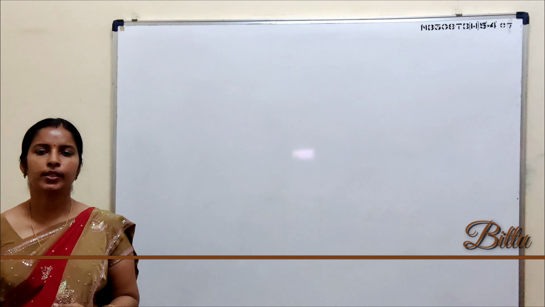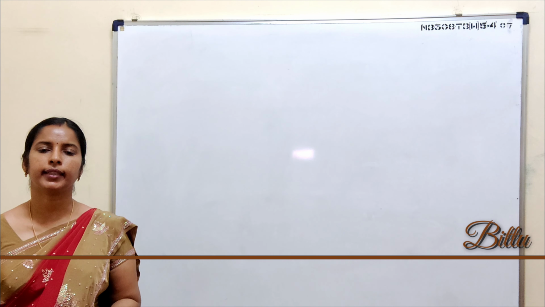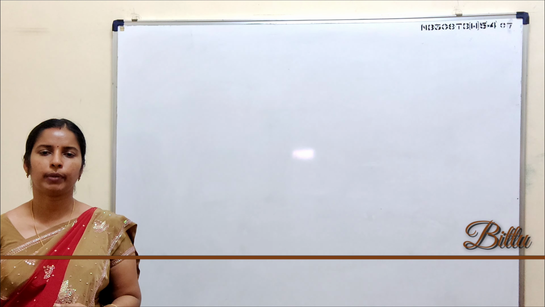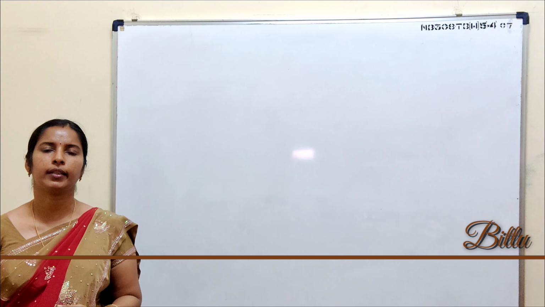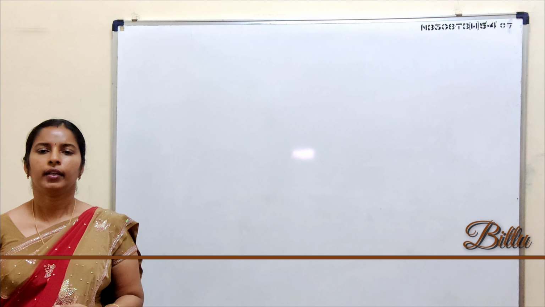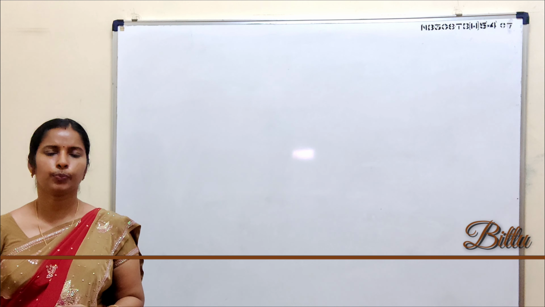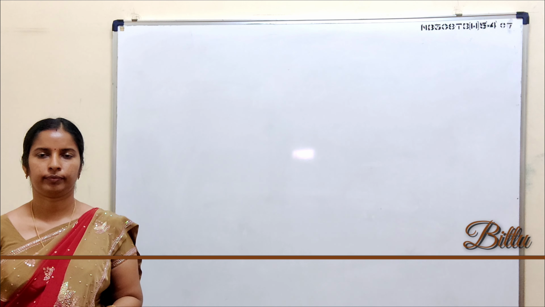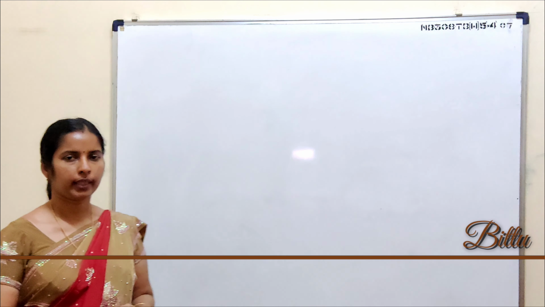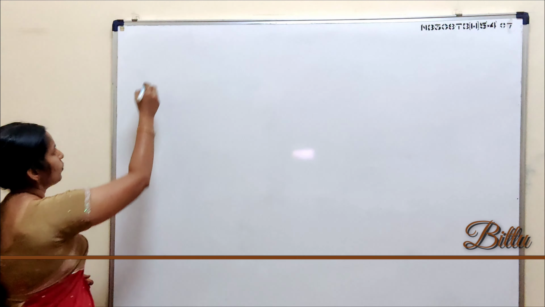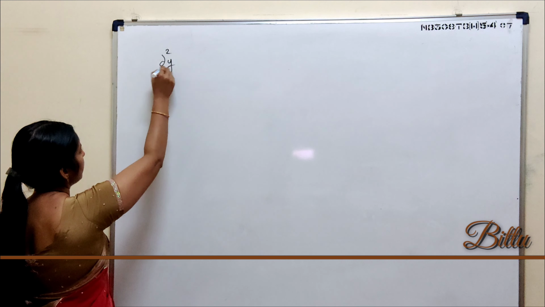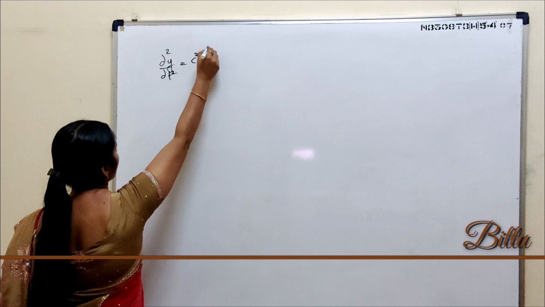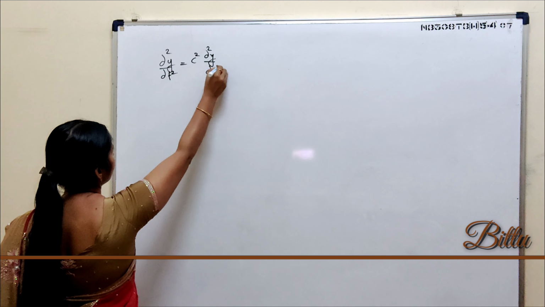A tightly stretched string with the fixed endpoints x equal to 0 and x equal to L is initially in a position given by y equal to y0 sine cube pi x by L. If it is released from rest from this position, find the displacement y of x,t. So we can start. It is the one-dimensional wave equation, so it is dou square y by dou t square is equal to c square dou square y by dou x square.